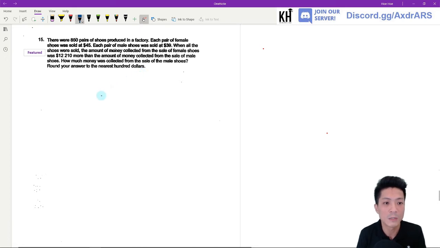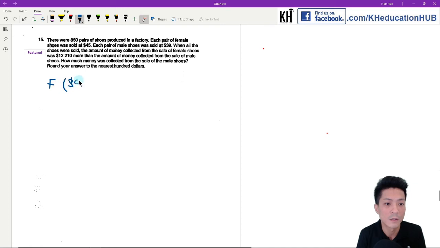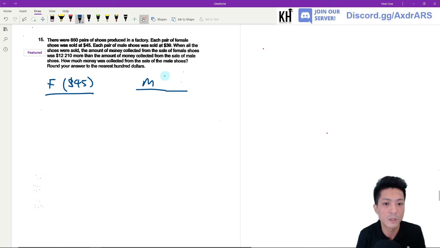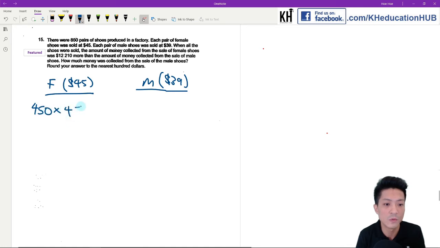For this question, I'm going to use guess and check. For the female shoe, it's $45. For the male, it's $39. I'm going to start off with somewhere in the middle. 450 pairs of female shoes, which means that there will be 400 pairs of male shoes.